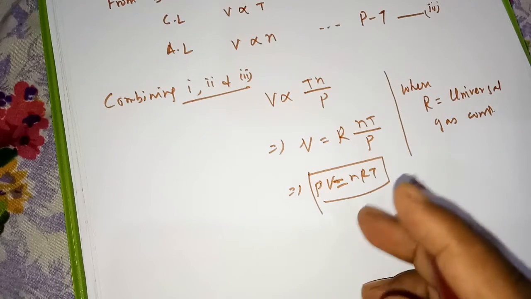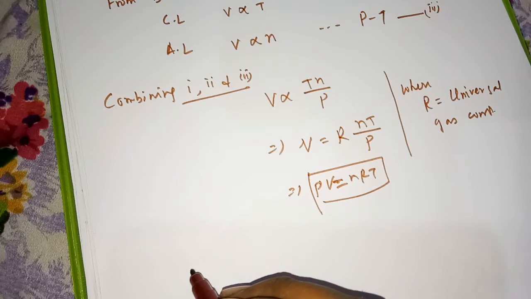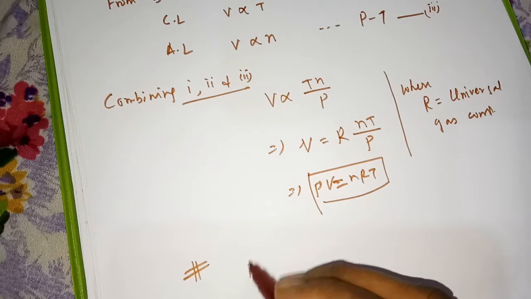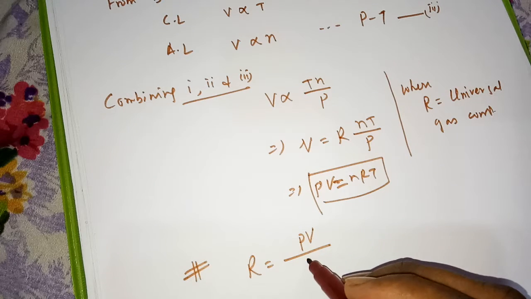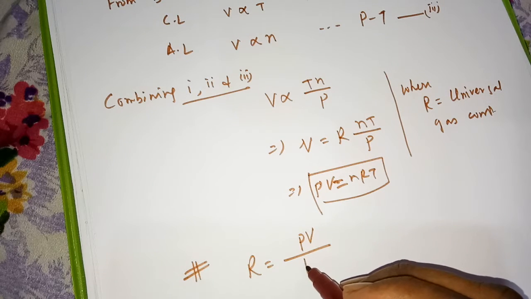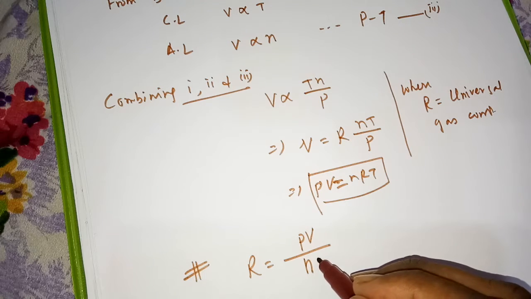So from the above equation, R equals PV by nT.